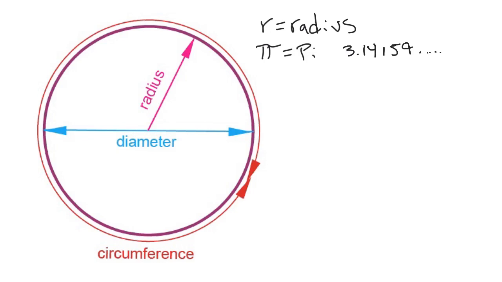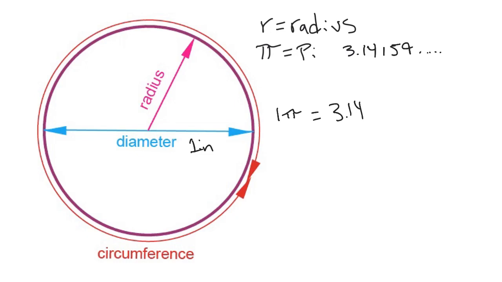Sometimes we'll use 3.14 to figure out what the circumference of something is, and sometimes you could just use pi. So if the diameter, for instance, is 1 inch, then the circumference is going to be 1 pi, or if we abbreviate, 3.14.